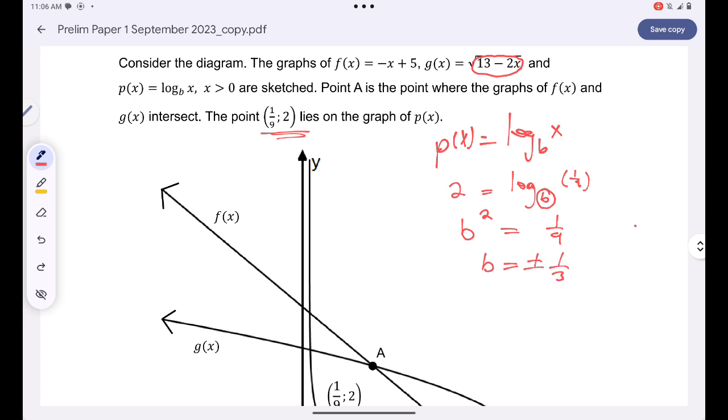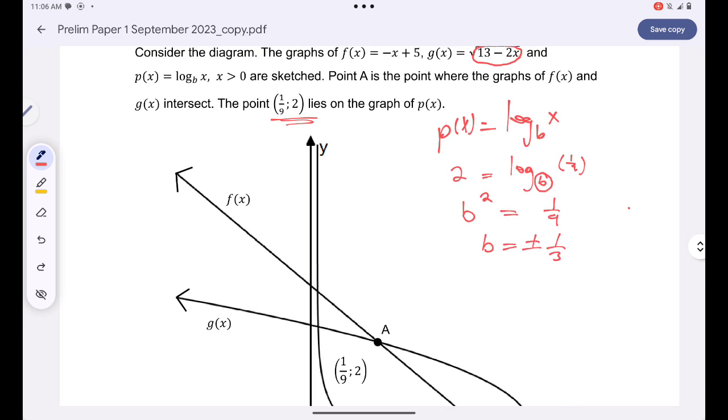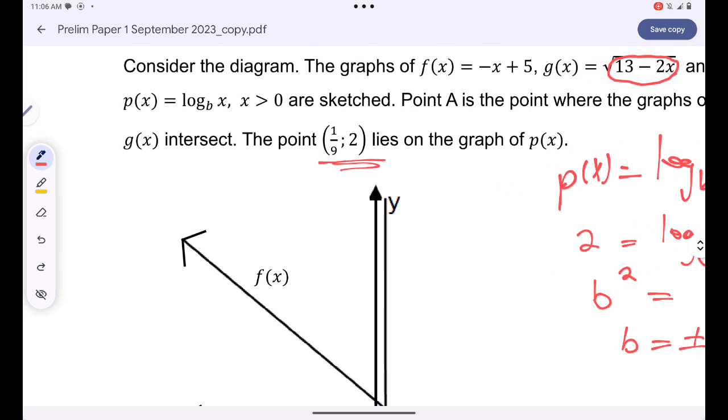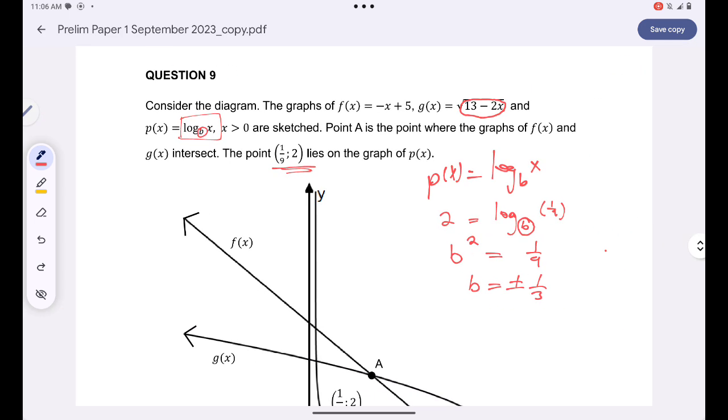But the condition, guys, for logarithms is that our base cannot be negative. Because if you have a negative base, it simply means that this entire thing will be undefined. Are you together? So hence, the base is equal to a third.